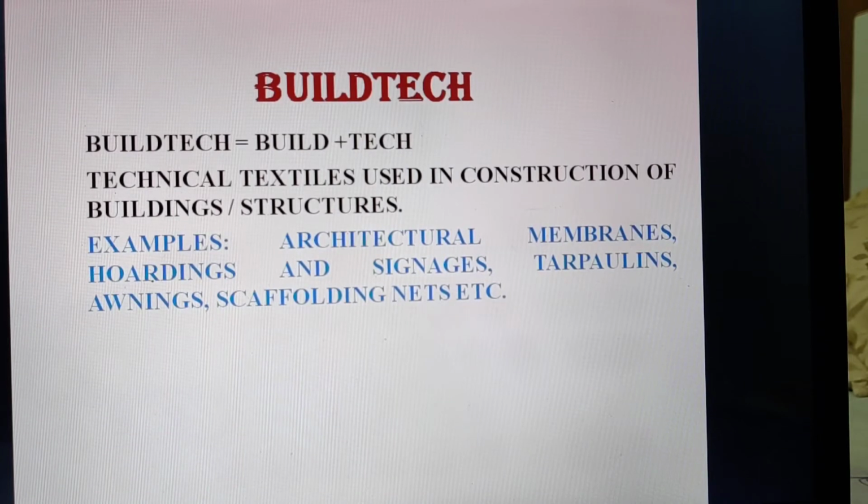Normally, most of them are used in the construction industry, particularly in civil engineering construction. Scaffolding nets and safety nets have become a necessity of construction and maintenance. Other items like signages, tensile membranes or architectural membranes, awnings, etc., are also used in civil construction.